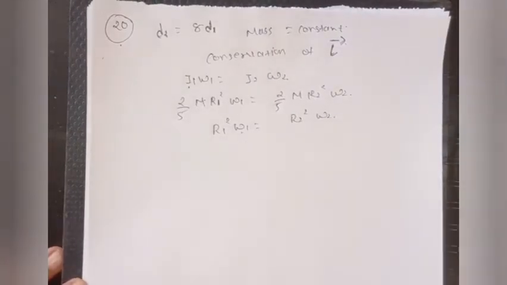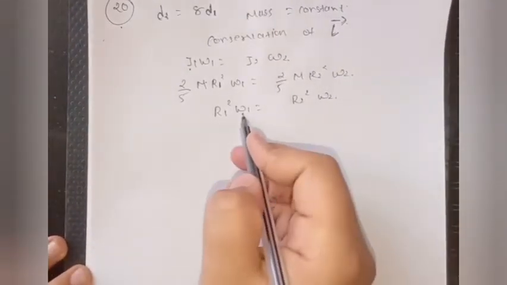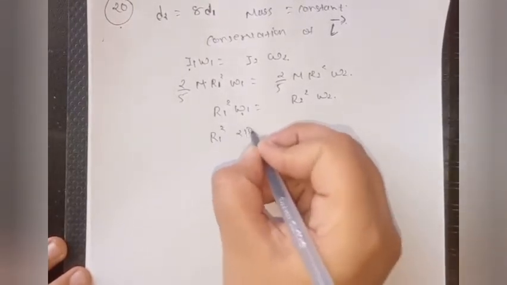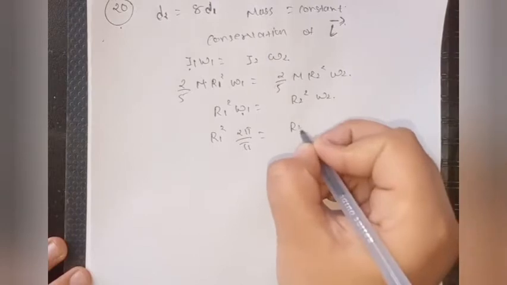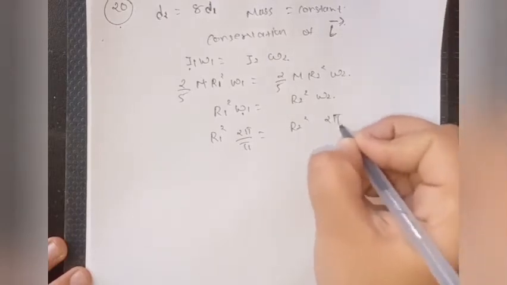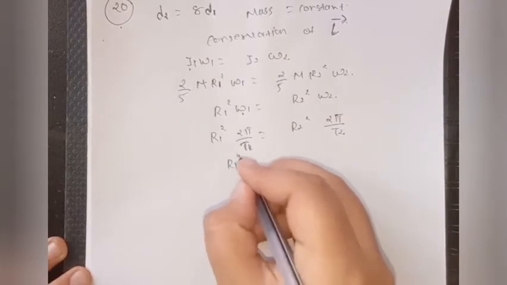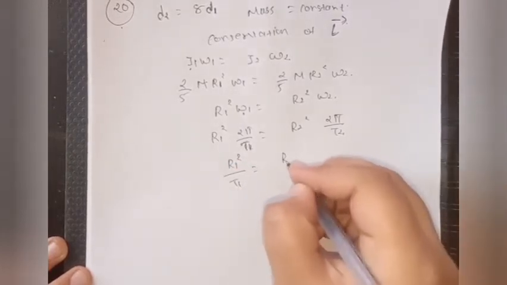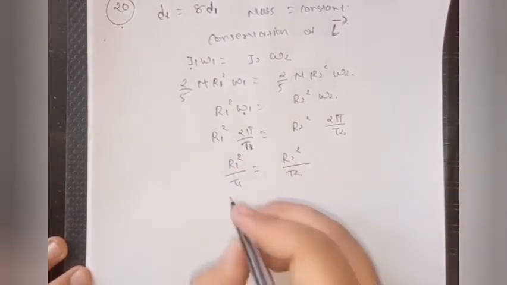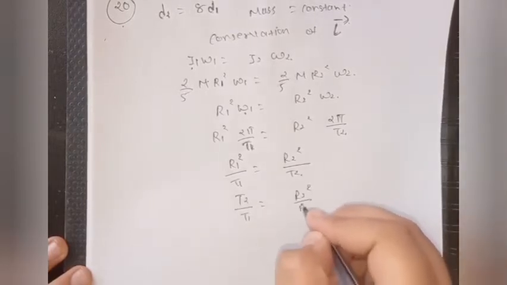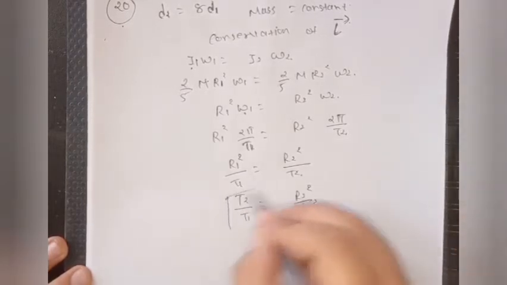We want to find the time duration, so we'll replace omega with 2 pi by T. So r1 square into 2 pi by T1 is equal to r2 square into 2 pi by T2. r1 square by T1 is equal to r2 square by T2. So T2 by T1 is equal to r2 square by r1 square.